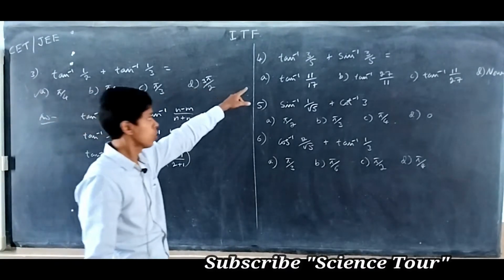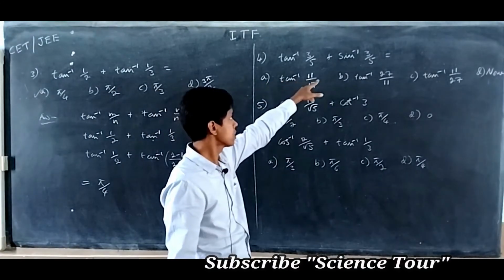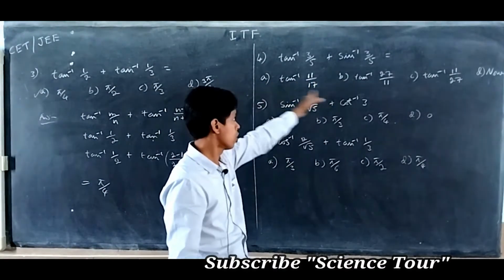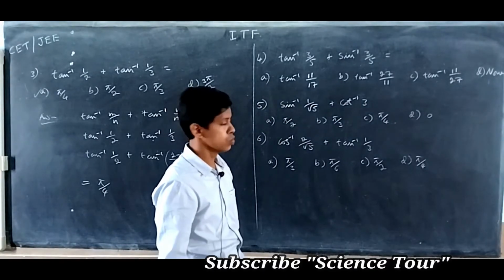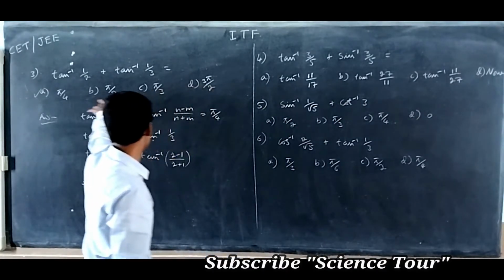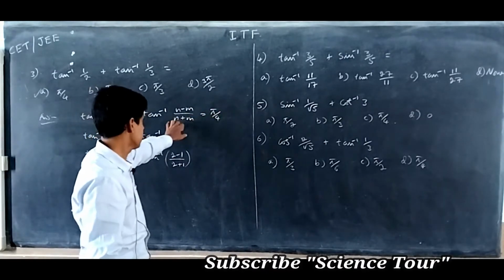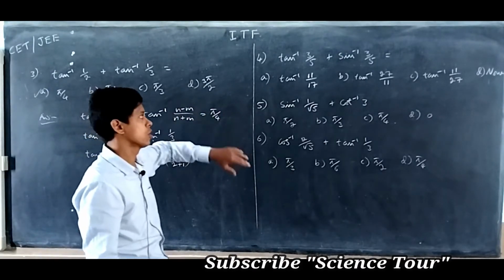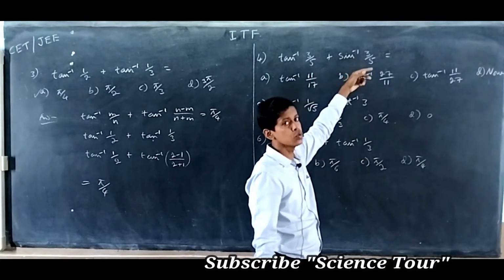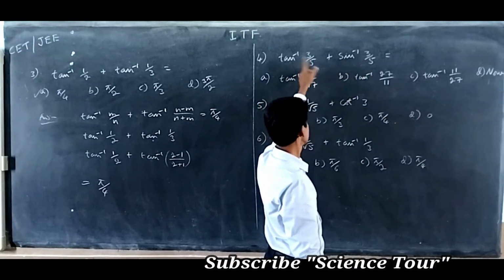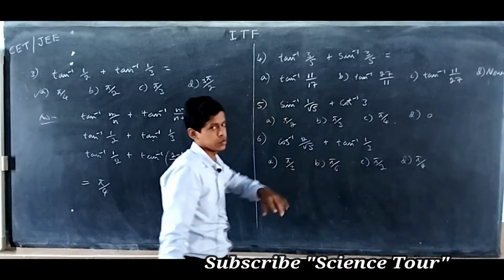Question number 4: tan inverse 3 by 5 plus sin inverse 3 by 5 is equal to, the options are there. The options are not one of these, therefore I think we cannot use this formula, right? So we will change this sin inverse to tan inverse and then use the formula tan inverse x plus tan inverse y.